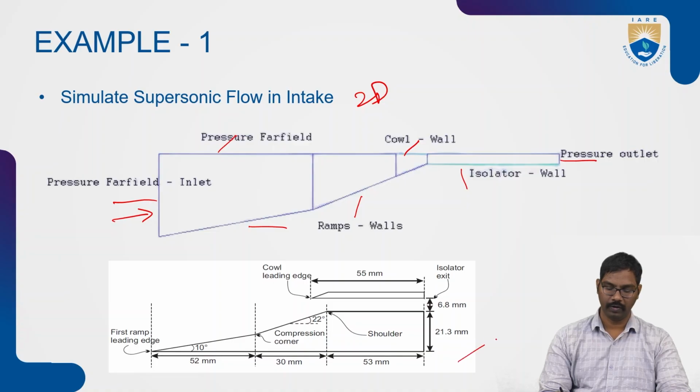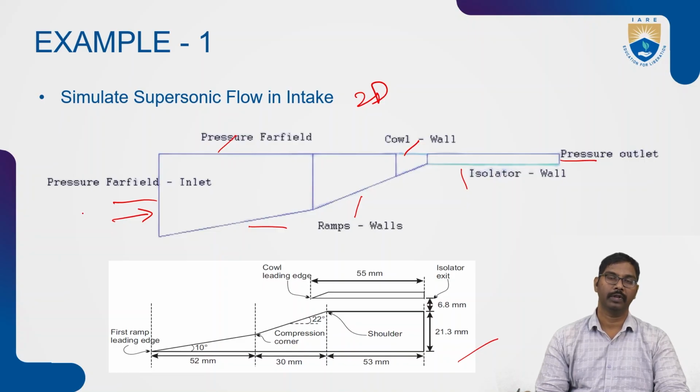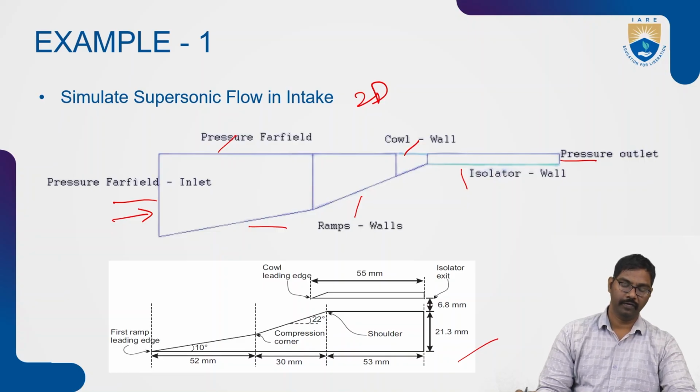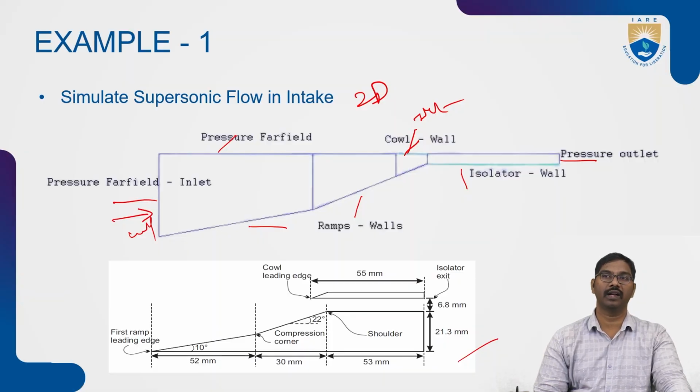With respect to the given dimensions, we have defined the domain of the fluid flow. If you define here, in place of a wall, this as an inlet, and this as a wall, the simulation cannot exactly capture the required flow physics.